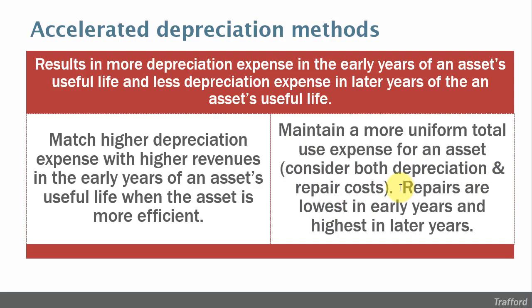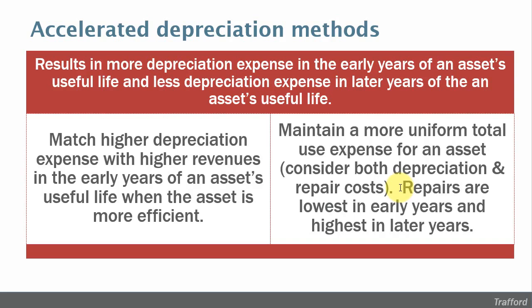So since repair costs are generally lowest in the early years, you are reporting that along with your highest depreciation expense. And then in the later years, you're reporting the lower depreciation numbers and the higher repair expense numbers. So for the same asset, you're actually reporting a more uniform total cost.